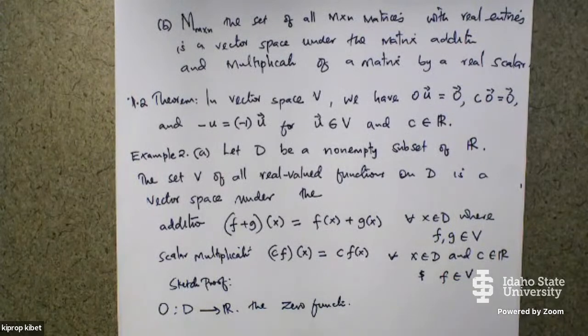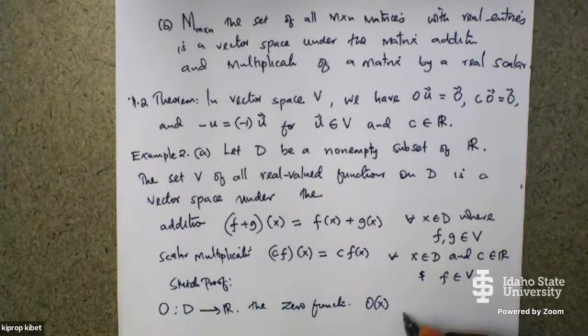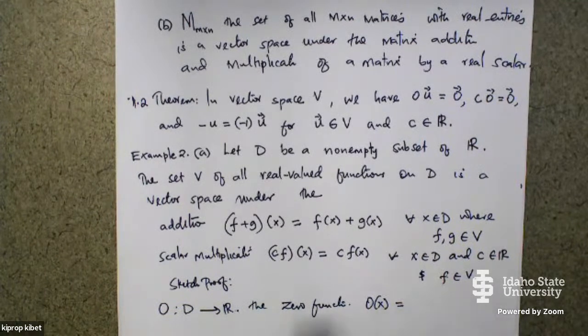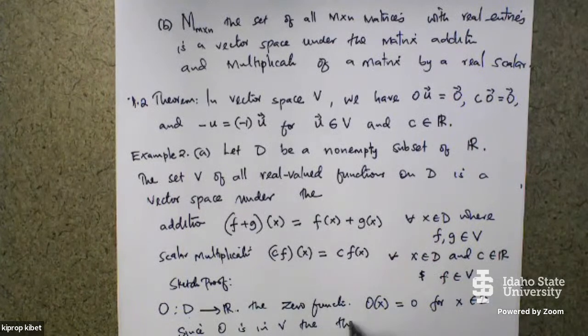This zero function can be written as 0 of x equals 0 for x an element of D. Since the zero function is in V, then the set is non-empty.